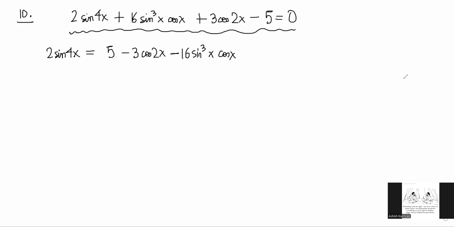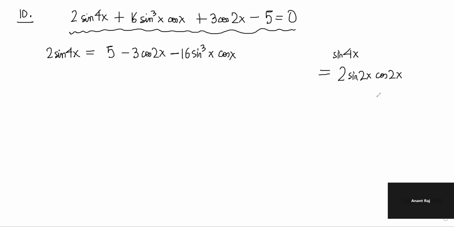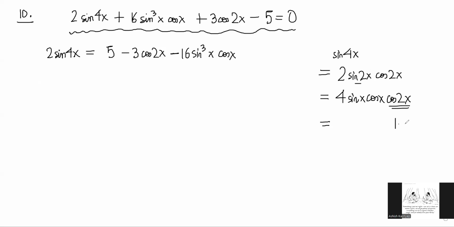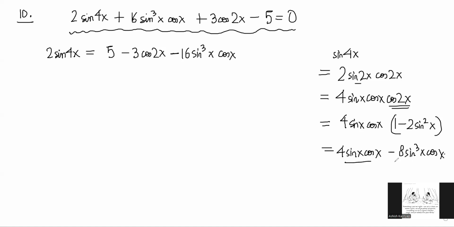Okay, so first we should think of how to simplify sin 4x, right? This can be written as 2 sin 2x cos 2x. And sin 2x can be broken down and written as 2 sin x cos x, and this is cos 2x, right? Yes. And cos 2x can be written as 1 minus 2 sin²x. So you multiply that with 4 sin x cos x, and you'll get 4 sin x cos x minus 8 sin³x cos x, right?